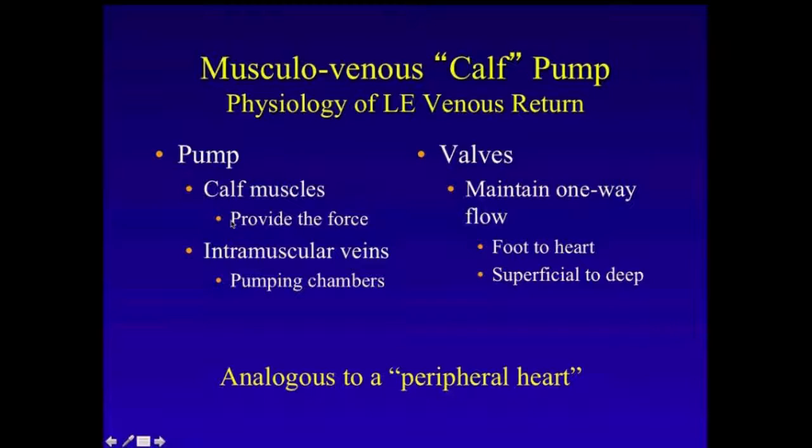There are valves that let blood fill into these capacious veins and valves that control the blood flow from the feet toward the heart against gravity with calf muscle contractions, and that's really the physiology of the return of blood from the calf back up to the heart, the so-called musculovenous calf pump or peripheral heart.